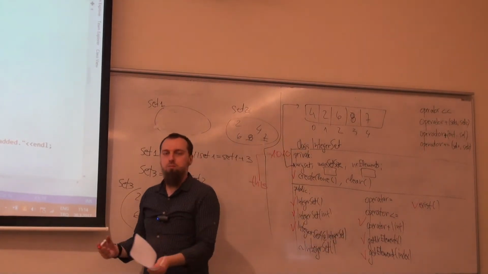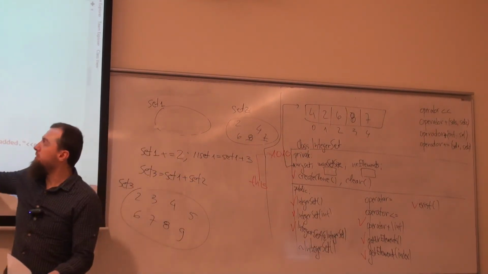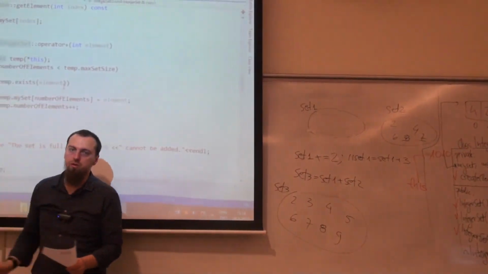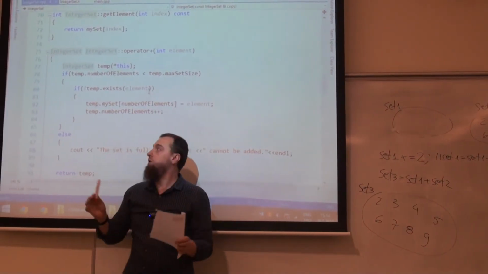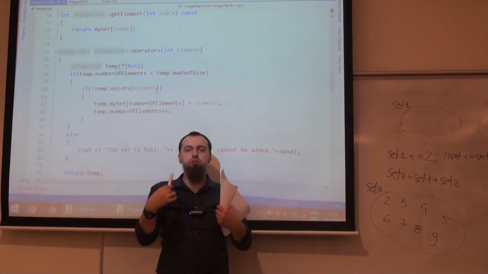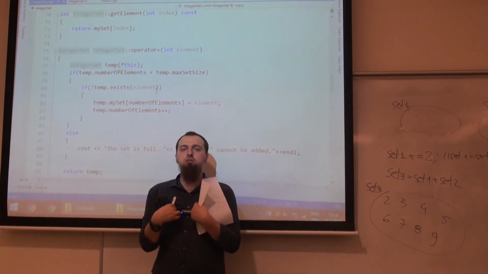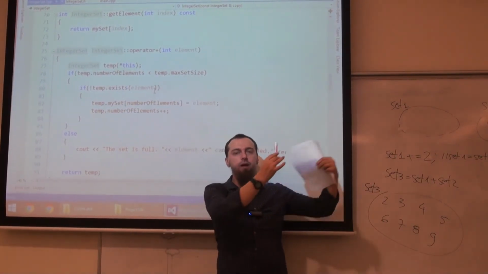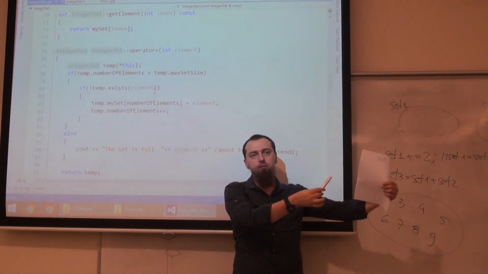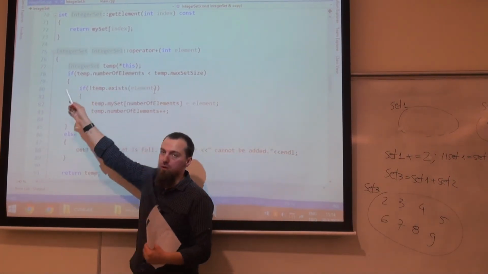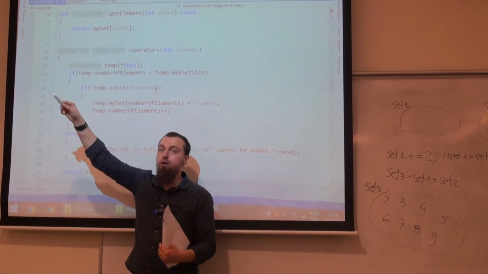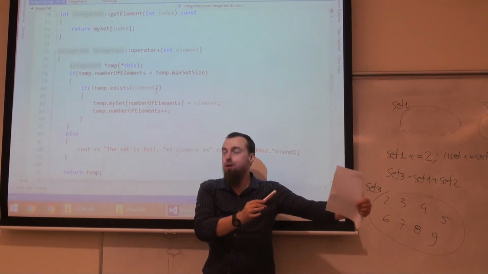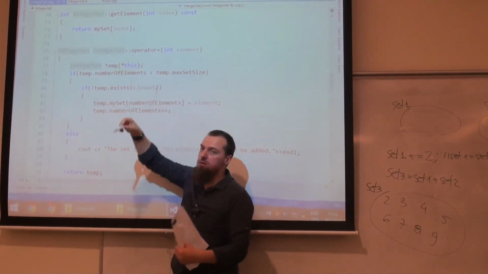When I'm sending this, I'm sending star this. I'm sending the whole box. So basically, I'm creating a copy constructor. That means I'm creating a new object, which is called temp, which is exactly as myself. So if I'm an IntegerSet and I have all of those functions, then I'm creating another temp that's exactly like me. Basically, this is another clone. So I call the copy constructor, remember, the copy constructor calls the create clone function, and I have a clone of me. Now I'm trying to add an element to myself.